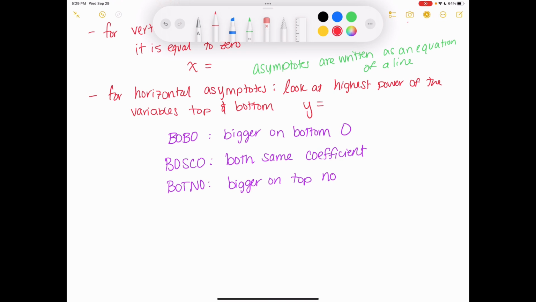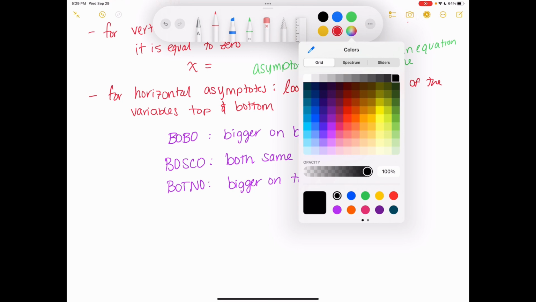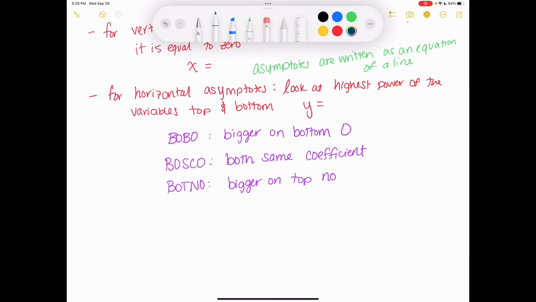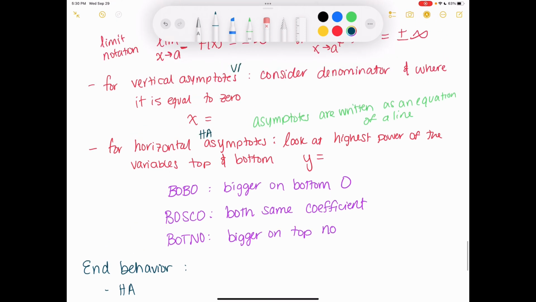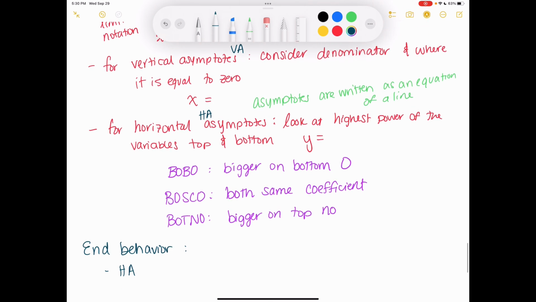And the last thing under here, actually I had forgotten about, just in general, is called end behavior. This is essentially what happens as we go really, really far away from 0. I typically will abbreviate horizontal asymptotes as HA and vertical asymptotes as VA, so if you see that, just make a note of that.